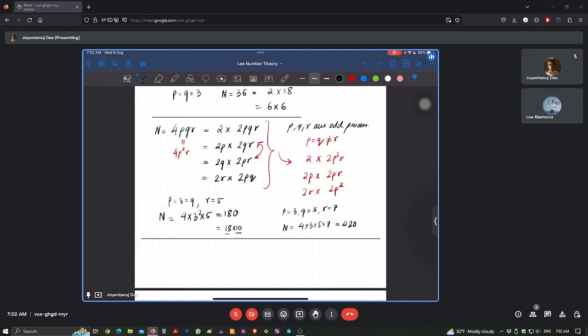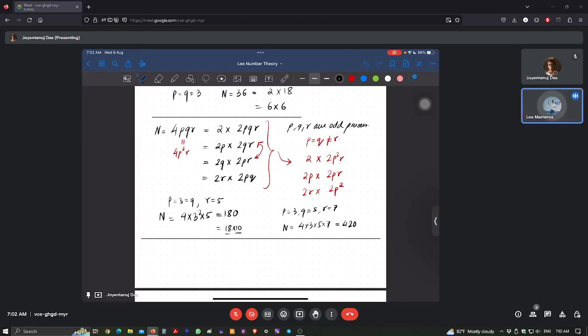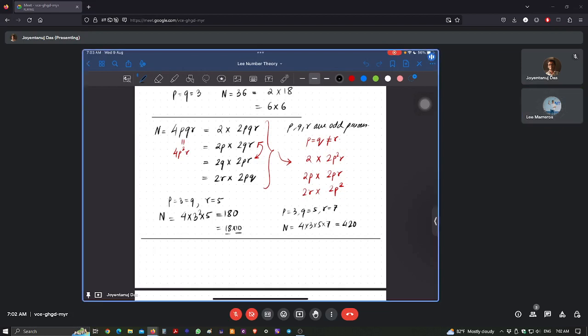But the thing is, this 420 is the smallest number such that we can have 4 different factorizations, or can we make it even smaller? They are asking for the smallest number, right? In part C, we did the first part: the smallest number with 2 different factorizations as a product of e primes, that is fine.